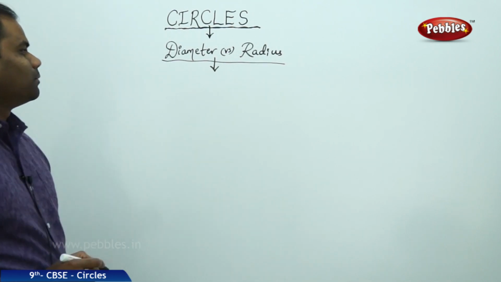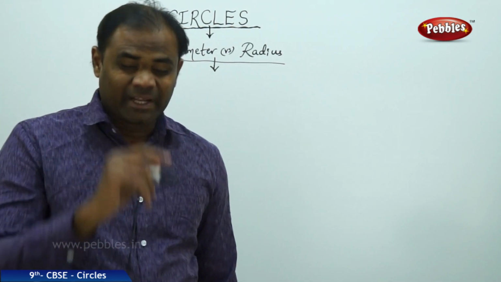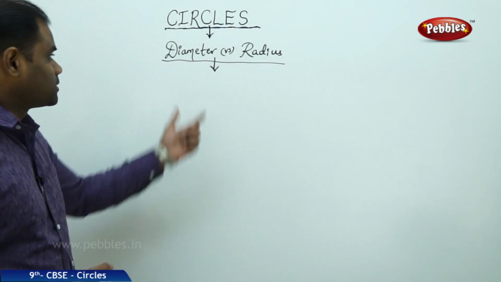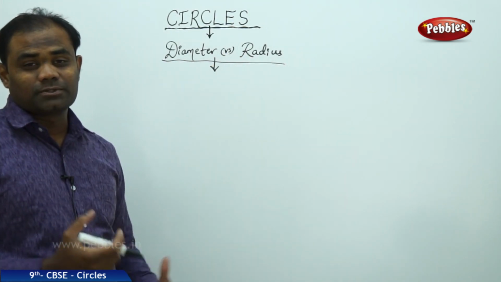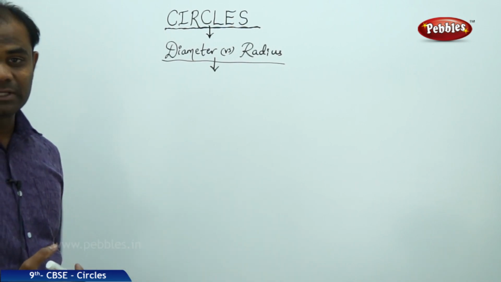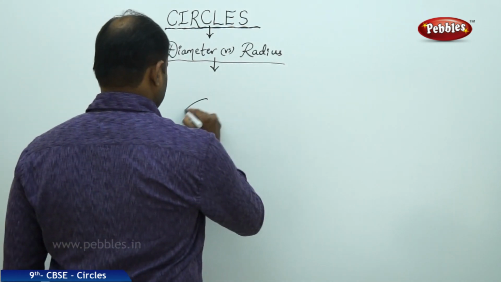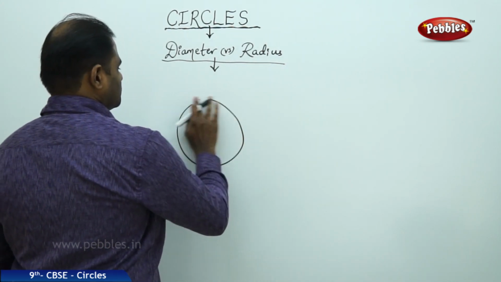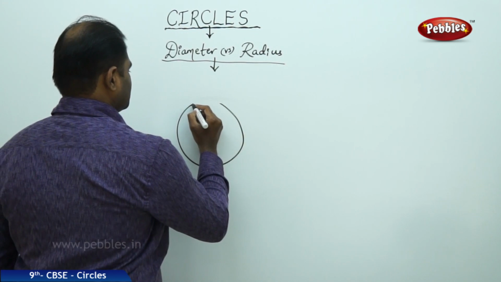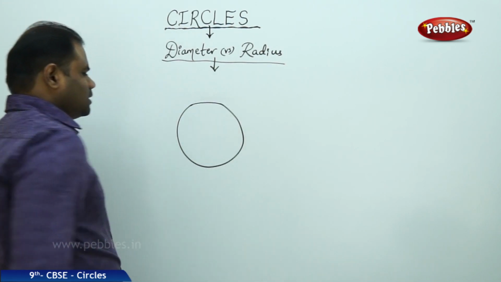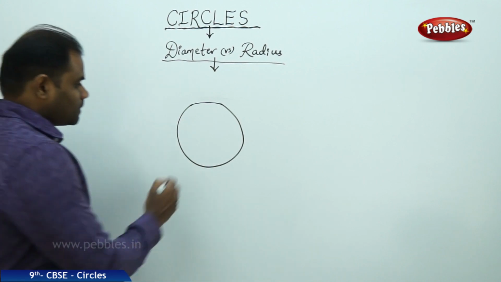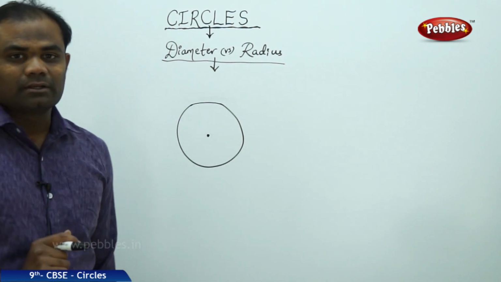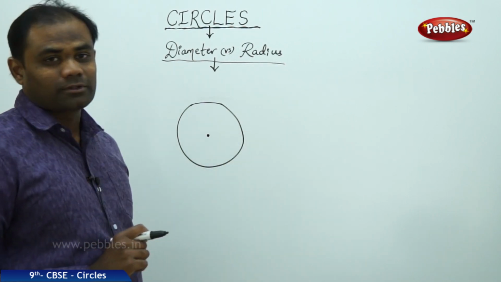So let's see how the radius and diameter are connected for the circle. In order to understand these two combined together, let's take the circle into consideration. So here is a circle. Now for this circle, clearly I know that the radius is the line joining the fixed center to any point on the circle.